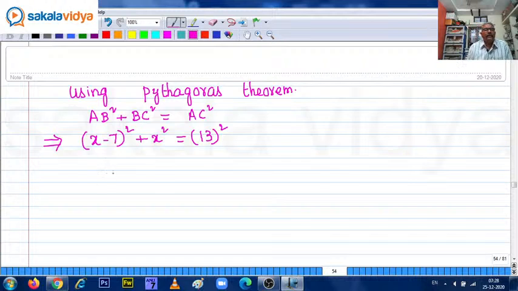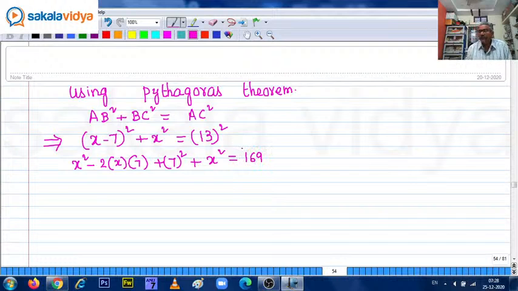Okay, now what shall we do now? It is (a minus b) whole square, so that we get a square, x square, minus 2ab, 2 times x into 7, plus b square, 7 square, but don't forget the x square is there, plus x square. 13 square is 169, 12 square is 144, 11 square is 121.